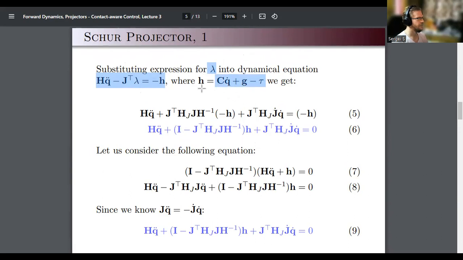I put the minus sign here for the beauty of subsequent equations. So now we have one unknown, another unknown, and the right-hand side as a single variable. Now we take the expression for lambda from the previous slide and substitute it here.